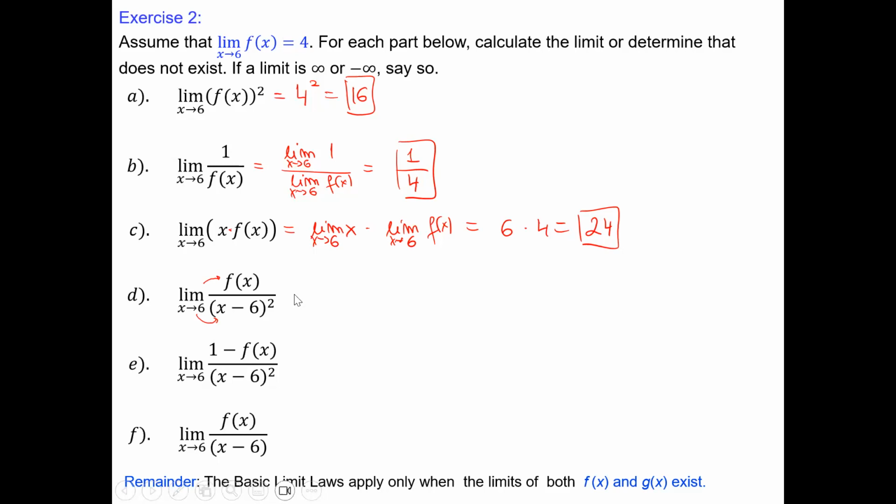Okay, but we also know, because we went through all of the concepts, we know what to do. Let me write again. This limit is 4. This will be 6 minus 6 squared, which will be 0, but it will be positive 0. I'm writing 0, but it's almost 0.